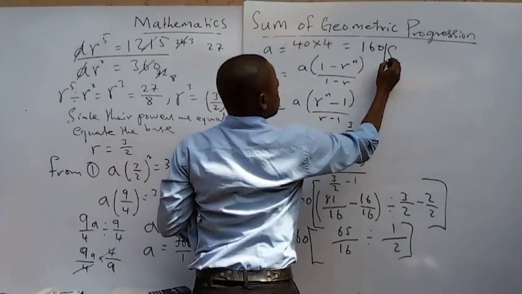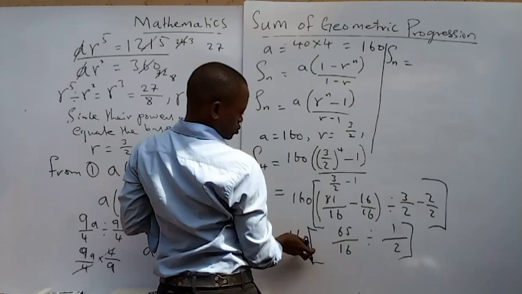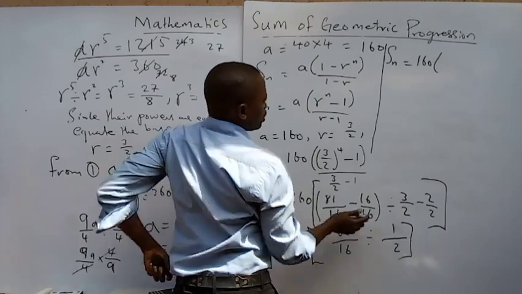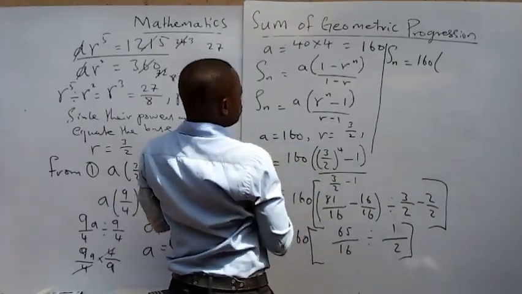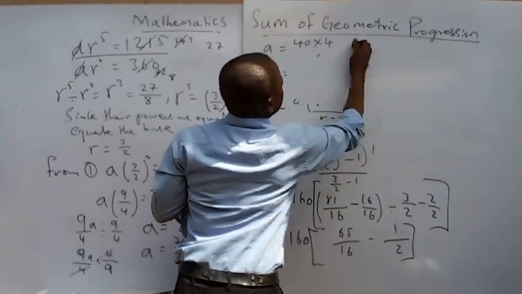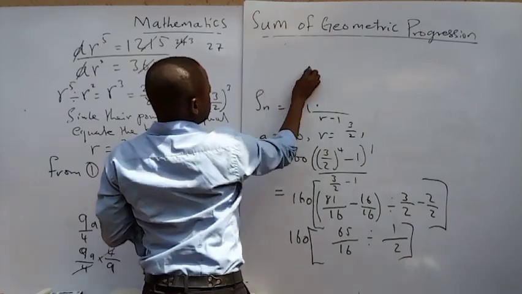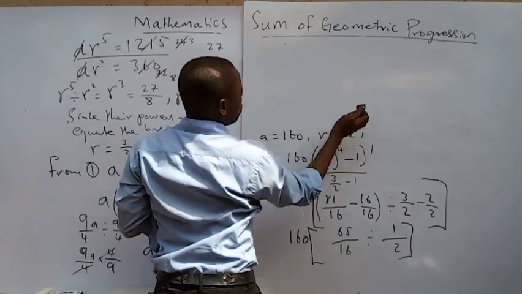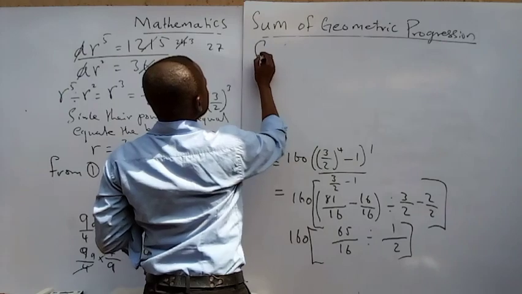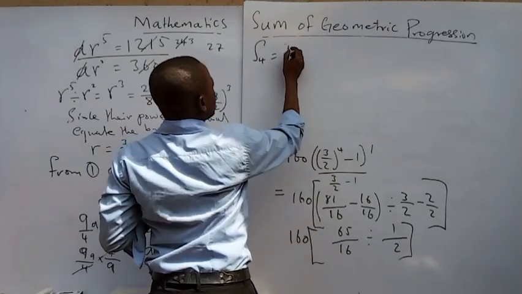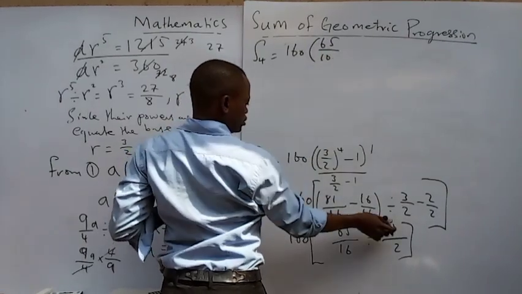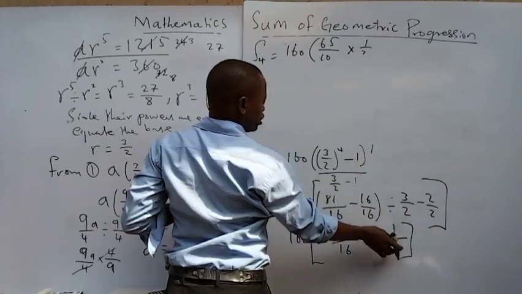Finally, we have S4 equals 160 bracket 65 over 16, then times 1 over, it will now become 2 over 1.